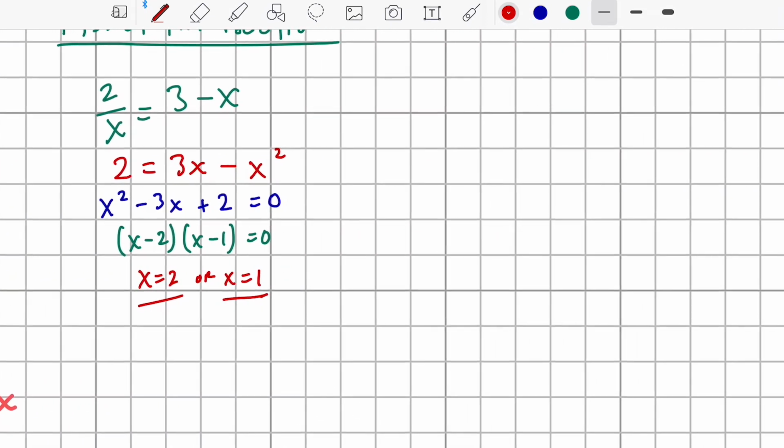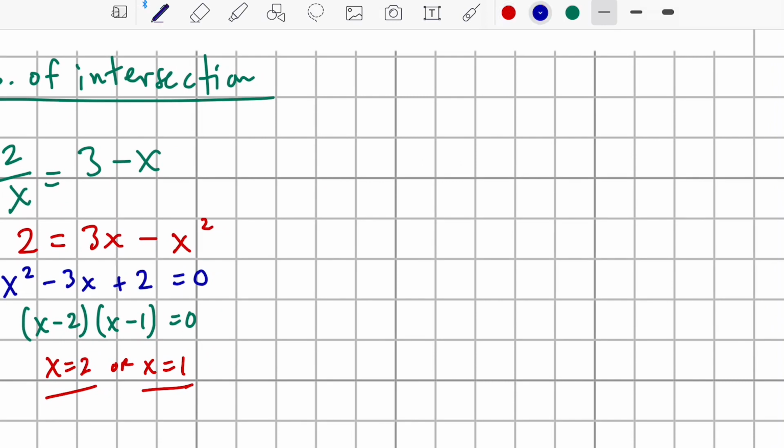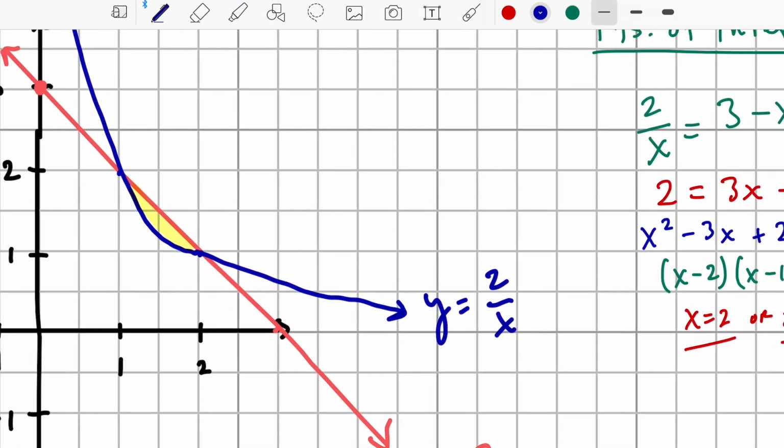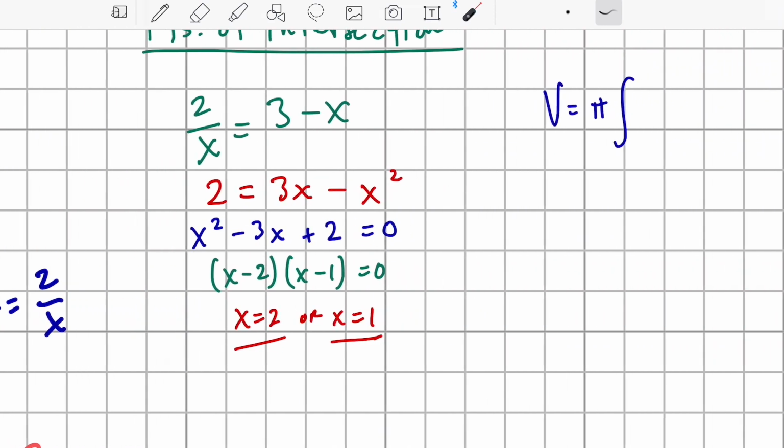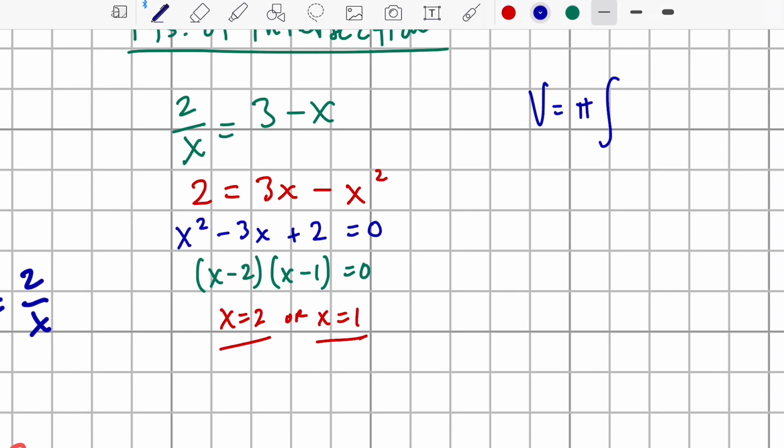So now we're going to set up our integral to find the volume. So volume is pi, the integral. Now our limits of integration, since we are revolving about the x-axis, are going to be the x values, which in this case is x equals 1, x equals 2, from 1 to 2.